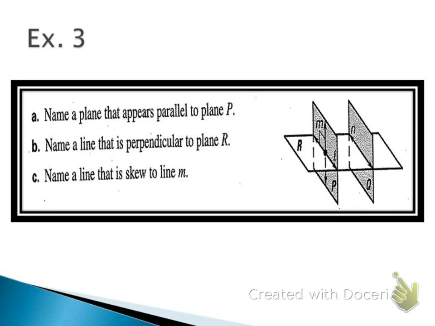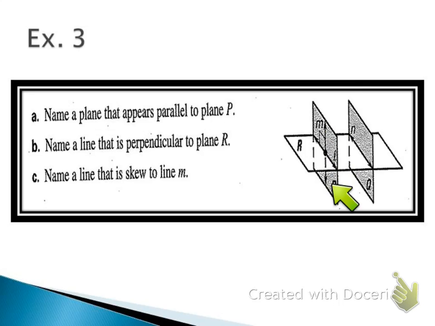A says, name a plane that appears parallel to plane P. It's a tongue twister. So here's plane P. Which plane is parallel to plane P? Which one does not intersect P?